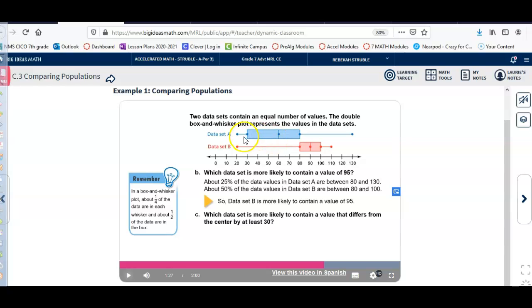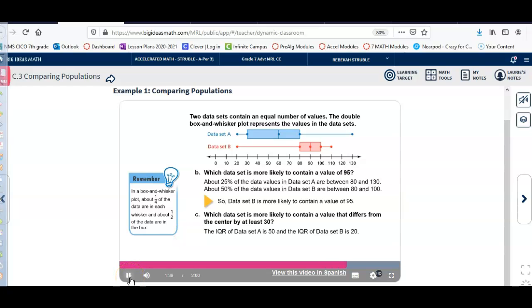So we can see that data set A is definitely more distributed and will have a more likelihood of containing a value that's 30 points away from the center here, okay? It's got this whole section that's 30 points away, which is 25% of the data, plus most of this section, whereas this one only has part of a 25 percentage.